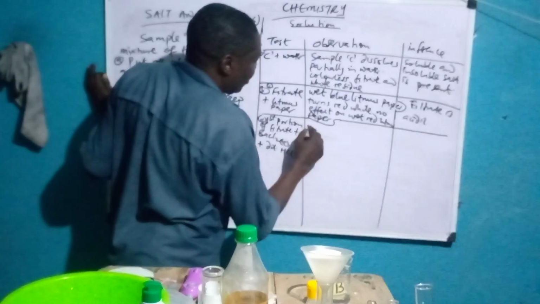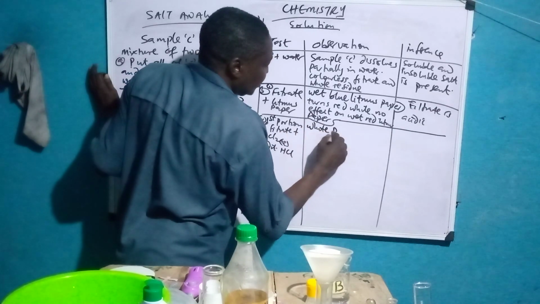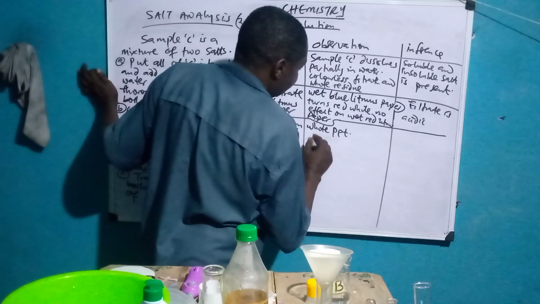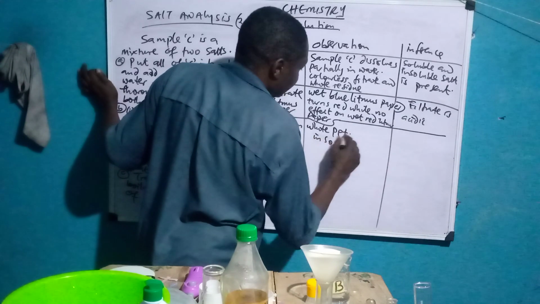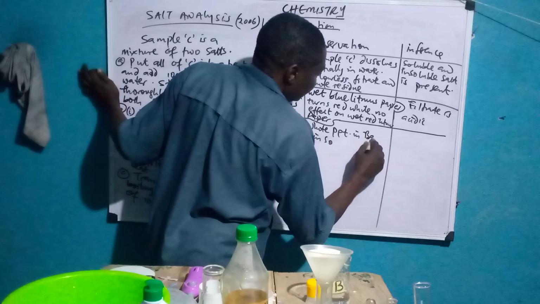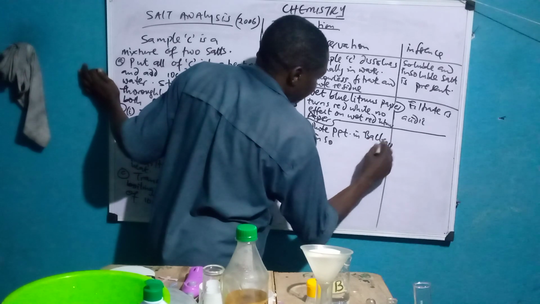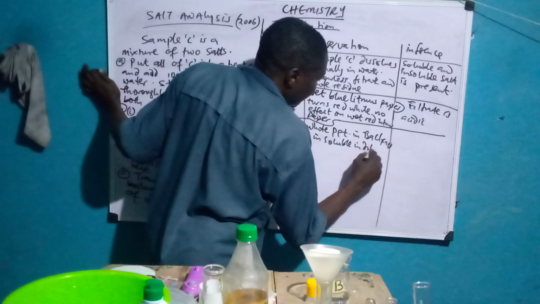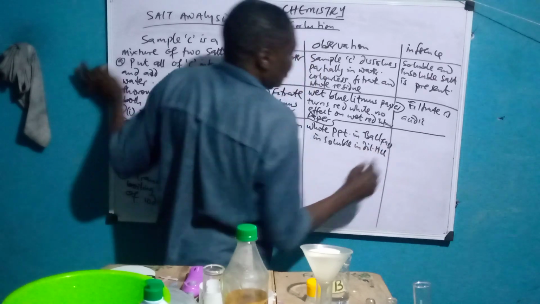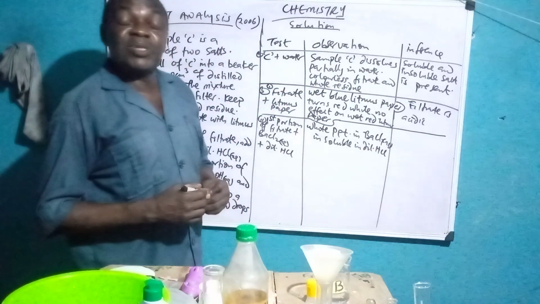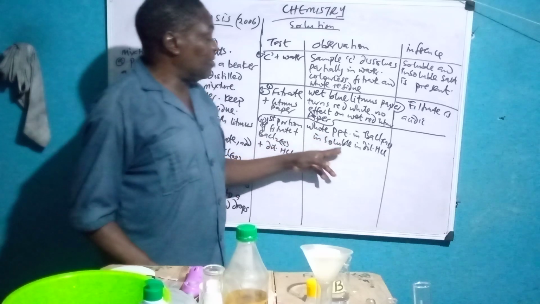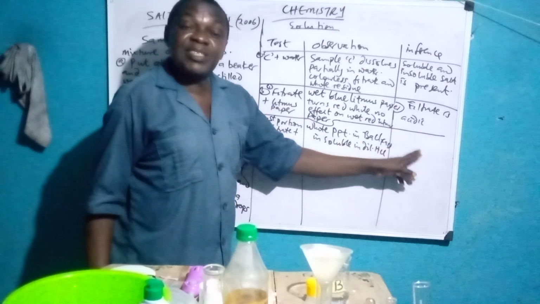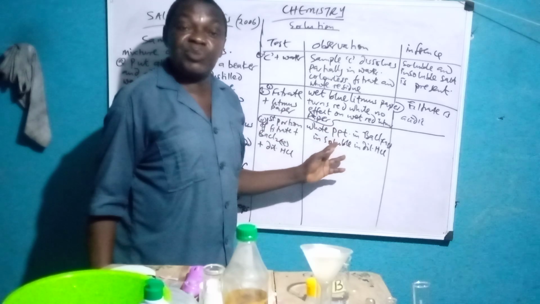So here you have white precipitate, PPT, insoluble in barium chloride, insoluble in dilute HCl. That is what you have under observation. If you fail the observation, no matter what you write under inference, it's wrong. The score you get for inference is based on the correct observation you make.